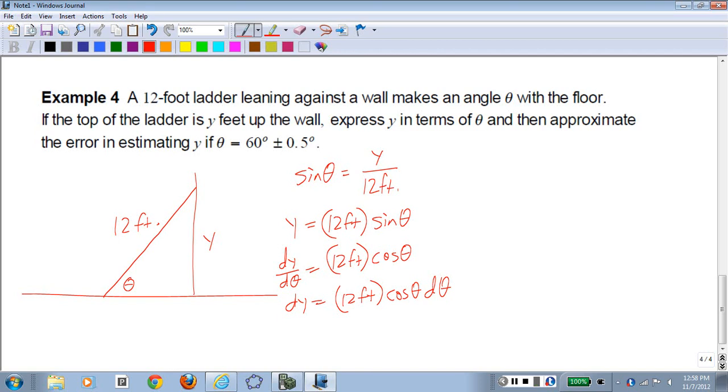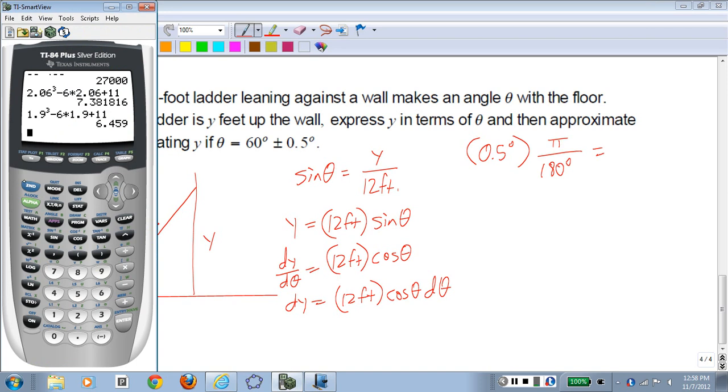So 0.5 degrees, to know how many radians that is, I would need to multiply by pi radians over 180 degrees. So let's just do this.